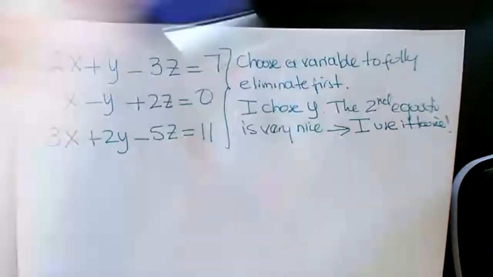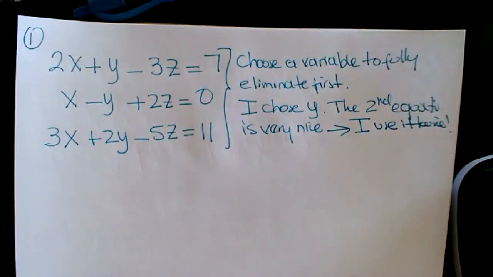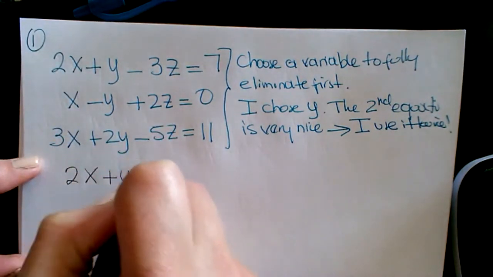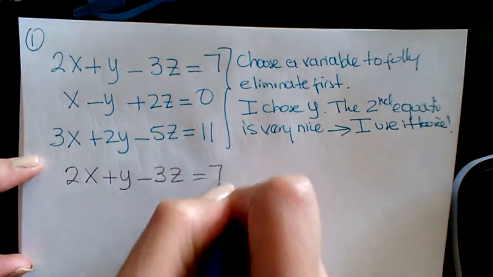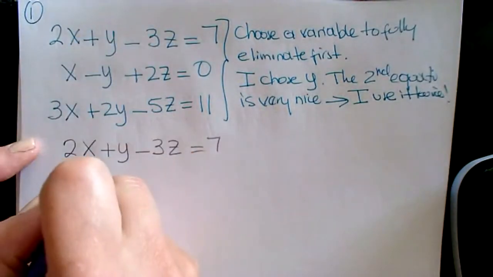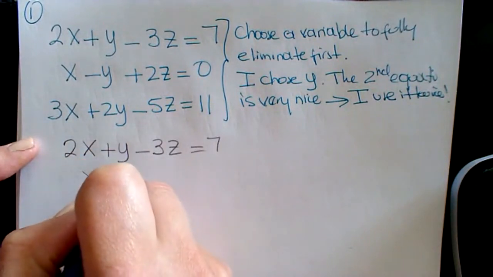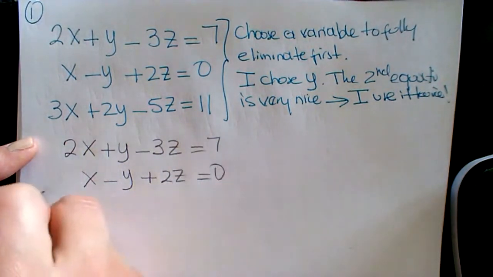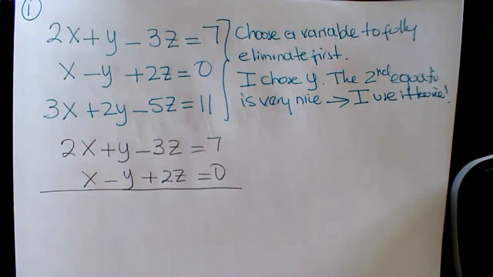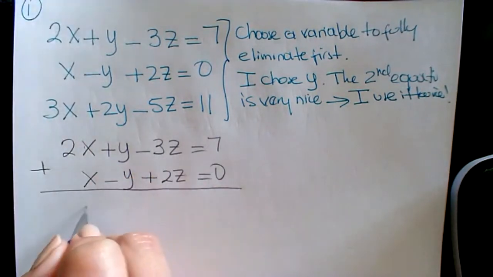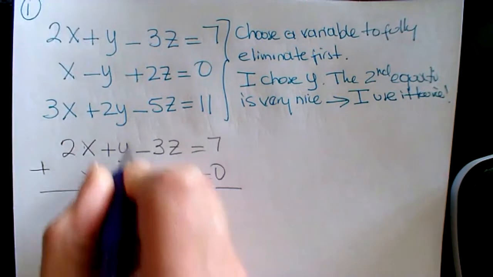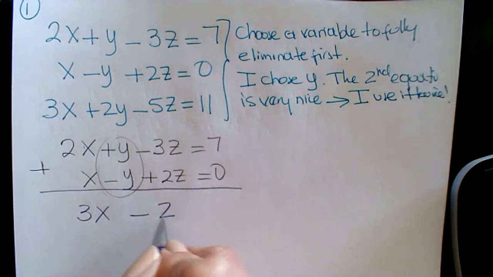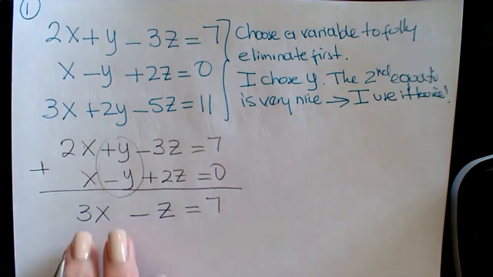So let's do it. I have the first one, 2x plus y minus 3z equals 7, right? So here comes the second equation, x minus y plus 2z equals 0. If I add this, what do I get? I get 3x, this is 0, and I get negative z equals 7, right there.